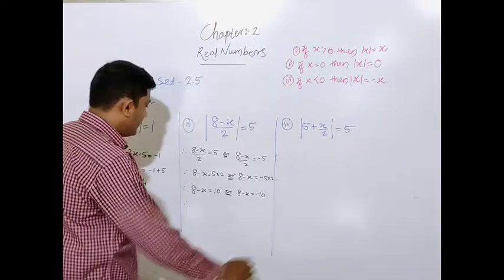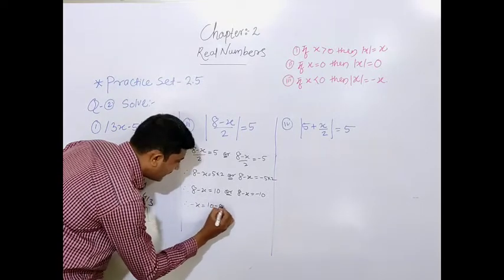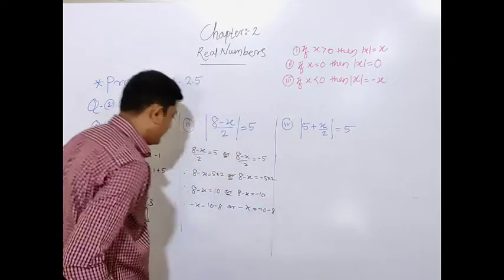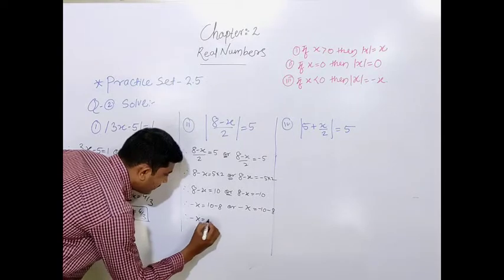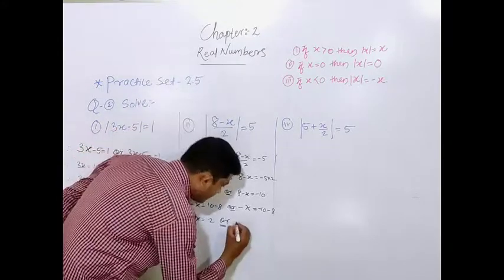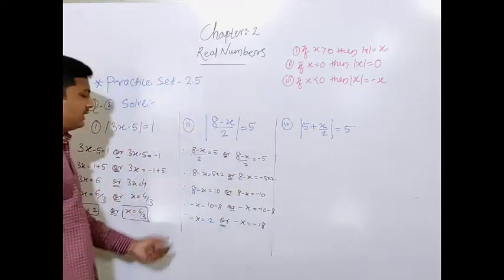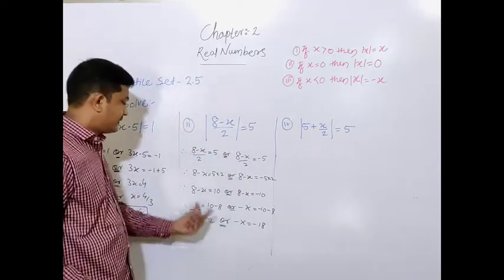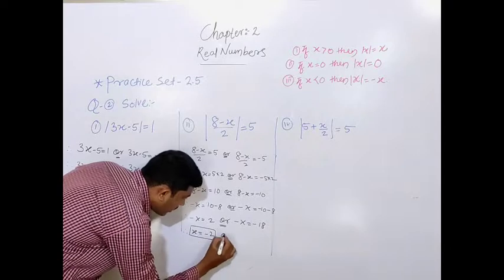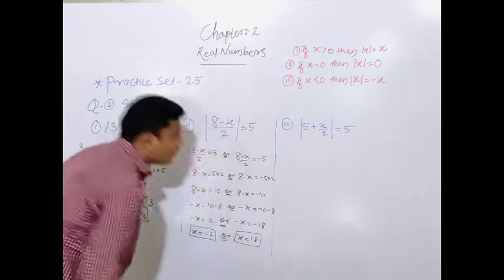Therefore minus x equal to 10 minus 8 or minus x equal to minus 10 minus 8. Therefore minus x equal to plus 2 or minus x equal to minus 18. If you multiply both equations by minus, we get x equal to minus 2 or x equal to 18. These are the two possible values of x.